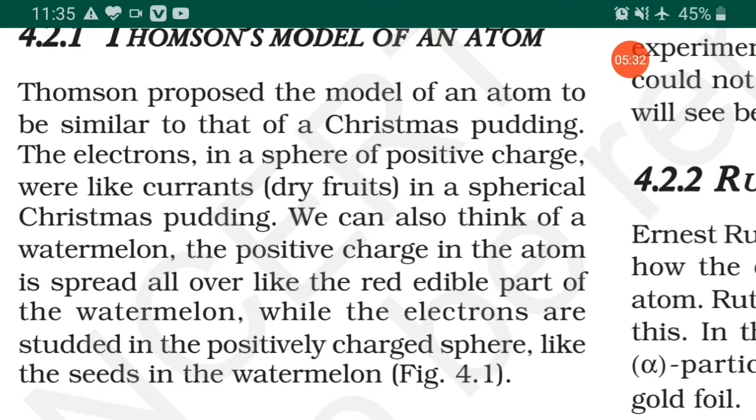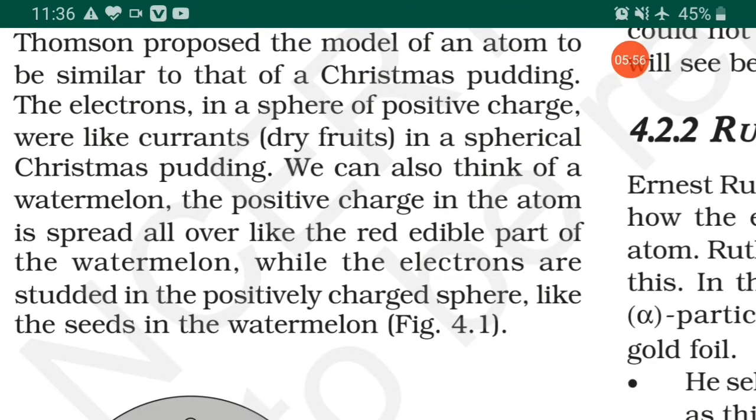Thomson proposed the model of an atom to be similar to that of a Christmas pudding. The electrons in a sphere of positive charge were like currants, dry fruits, in a spherical Christmas pudding. We can also think of a watermelon.